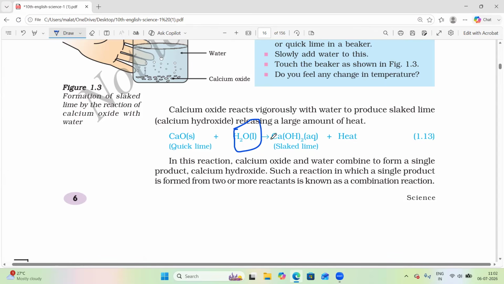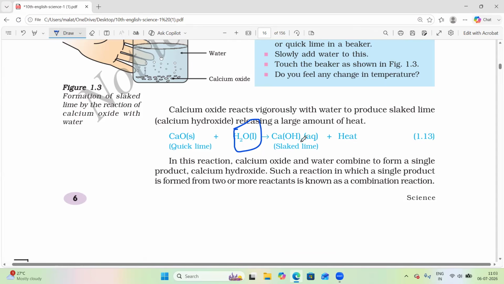You should write the balanced chemical equation. Whenever you write chemical equations, you should check whether it is balanced or not. If you check here, calcium on the reactant side and on the product side is balanced. Oxygen: here one oxygen atom, here one oxygen atom, so on this side it will be two, and the reactant side also 2, it is balanced.